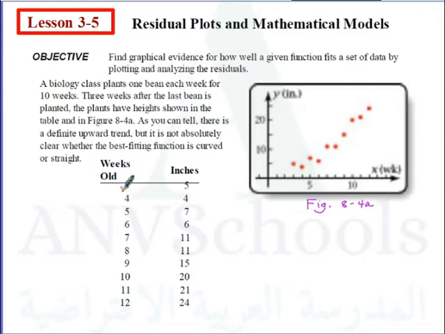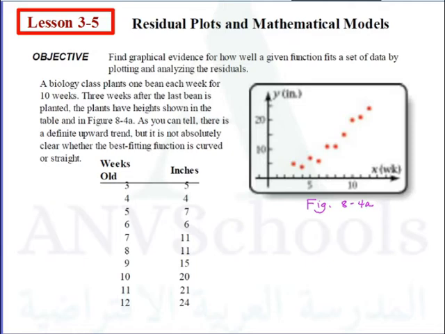But for each week you can notice that the bean heights have scattered data. For example, the oldest is the one planted the first week, 3 weeks after the last bean was planted.